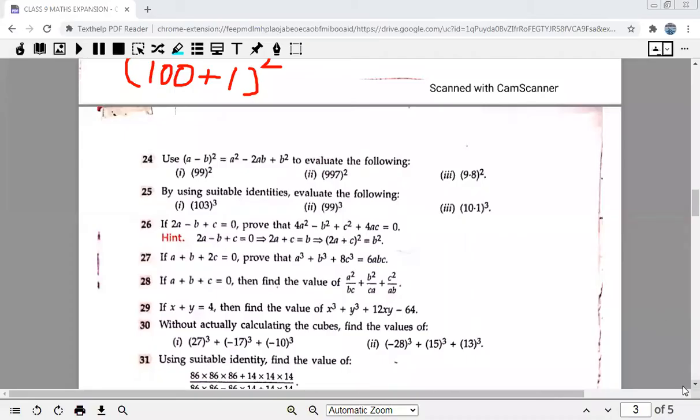So similarly, in question 28 also you will do the cube and then divide by abc. Do the cube, is that clear, and then you will divide by abc.